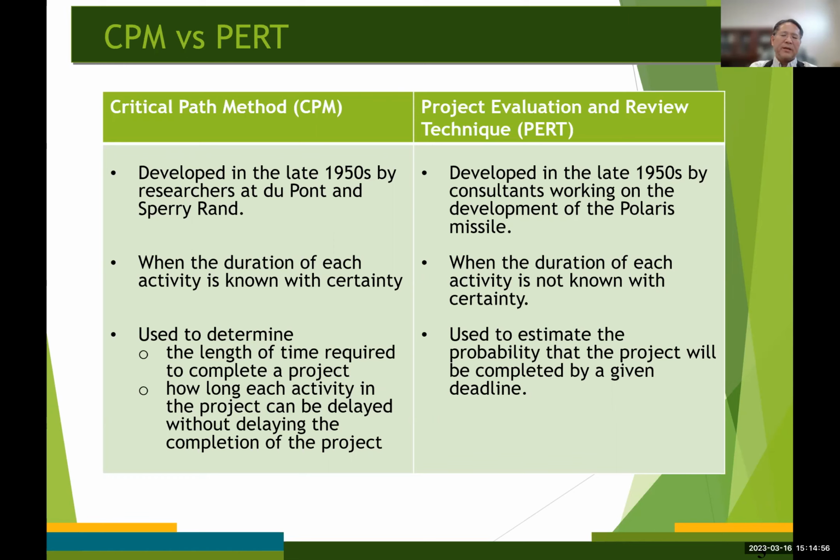Okay, and although they are very similar to each other, they were developed for fundamentally different business spheres. And the origin of the CPM may be traced back to 1956, DuPont in the United States.